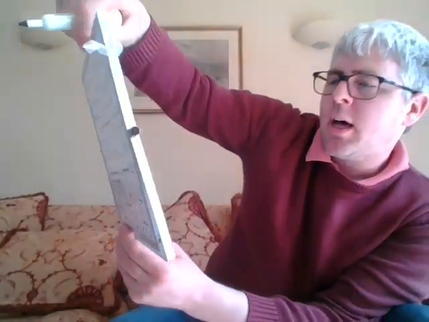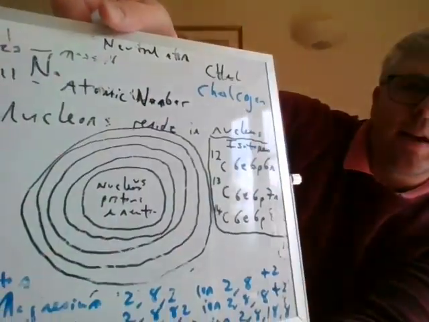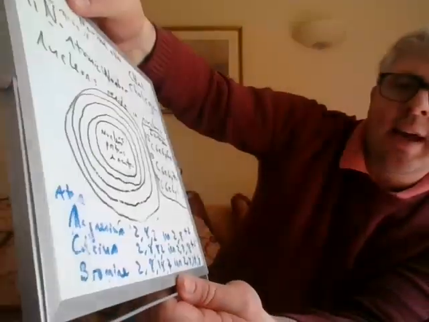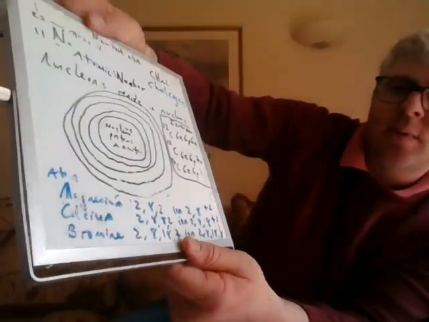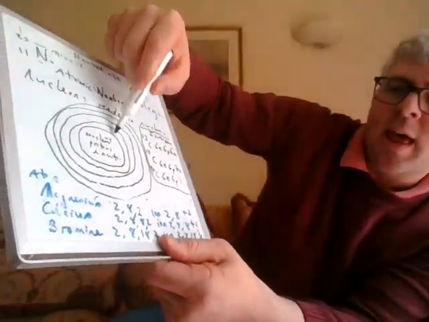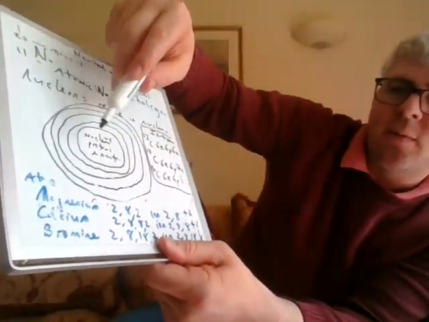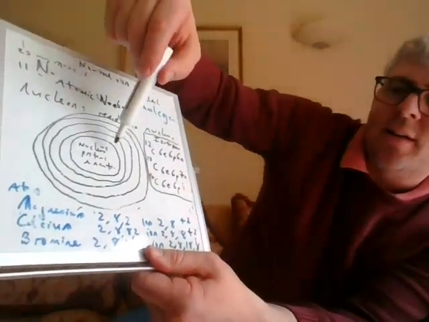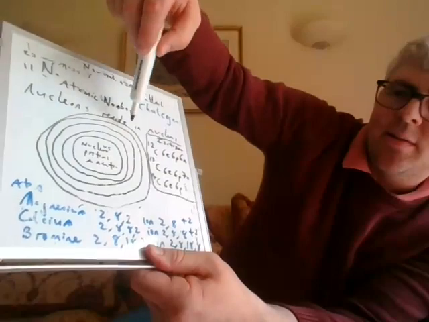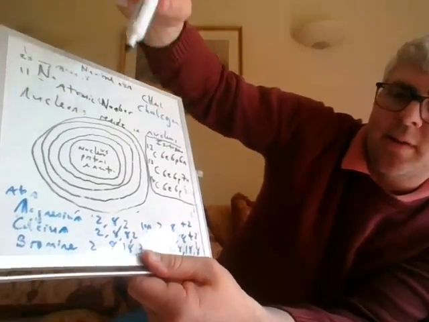And then of course, I've got magnesium here, and its electrons in the atom are 2,8,2, and you'd have 2 there, 8 there, and 2 there, like little footballs going round, like planets orbiting the sun, isn't it?